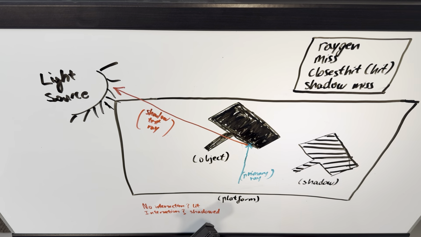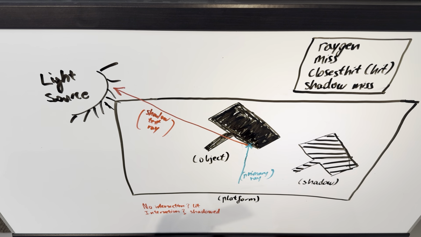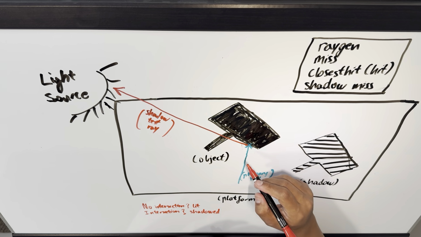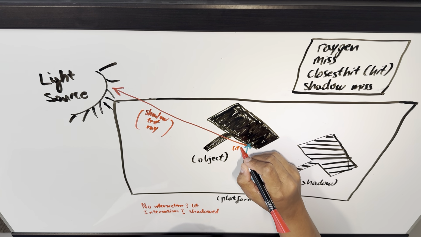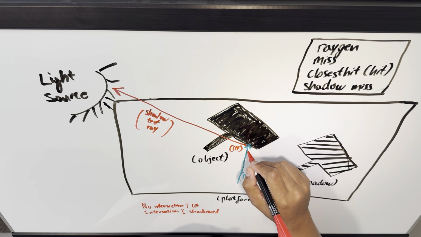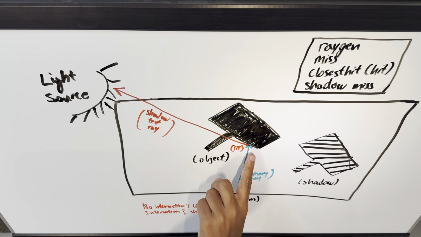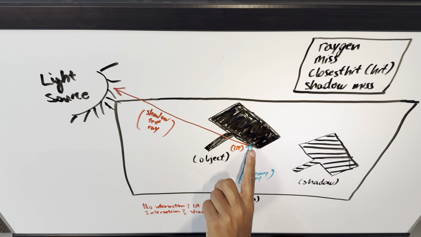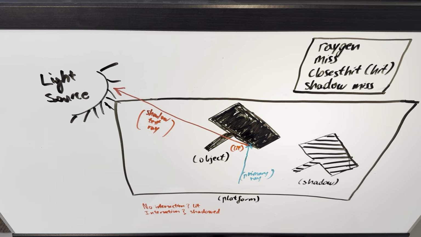Okay, so no intersection, lit; intersection, shadowed. So here, this point is deemed as being lit, right? So I'm going to put lit here. So this test is lit. Okay, lit, right? This point is lit, right? Because there is no intersection between our object that we hit and the light source.